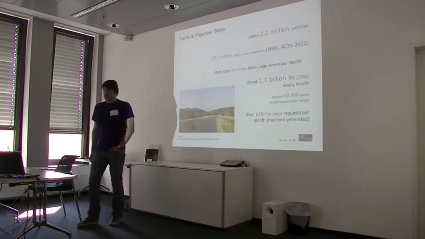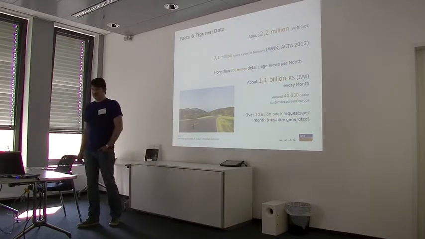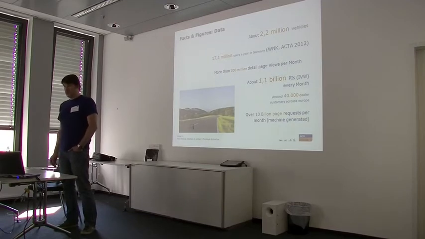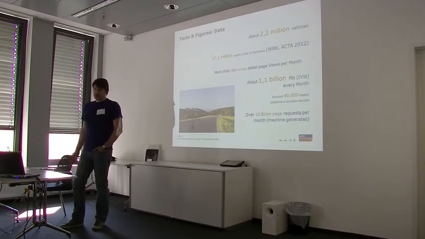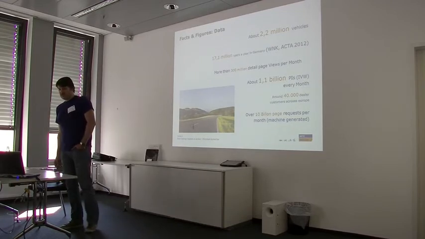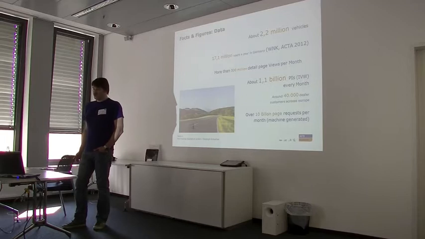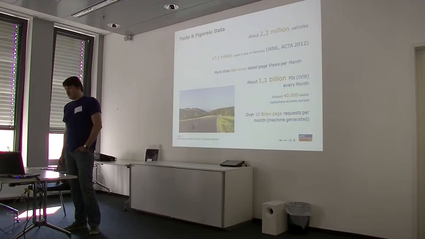Autoscout is mostly a used car platform. We have about 2.2 million car offers actually, and around 17 million users. Most of the data we generate comes from 1 billion requests we handle every month. This is real human users.